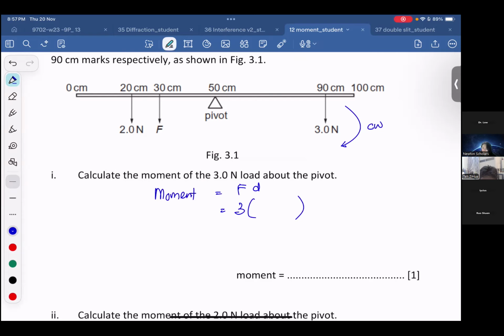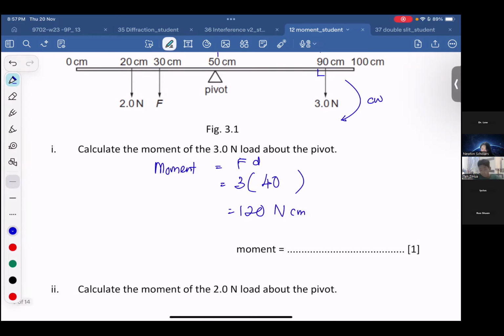The distance is from the force, 90 degrees, from the force until the pivot. This is the distance that we want. What is this distance? 40 cm. Okay, 40 cm. So 120 Newton cm. Here, there is a trick.